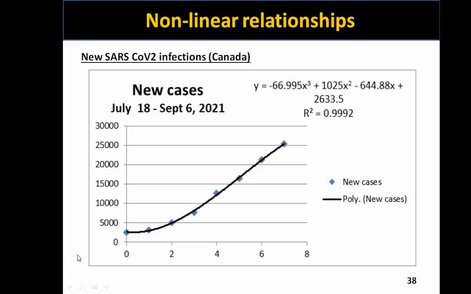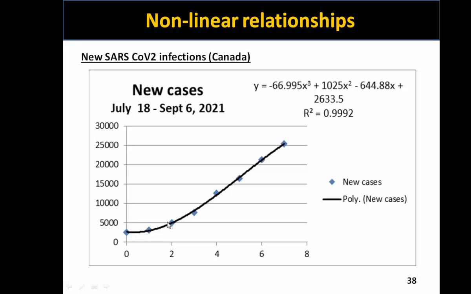You'll see that the blue diamond symbols represent the actual number of reported cases for each successive week as reported by Johns Hopkins. The black curve is the regression fit using a computer program, Microsoft Excel, that instead of generating a line of best fit, generates a curve of best fit.